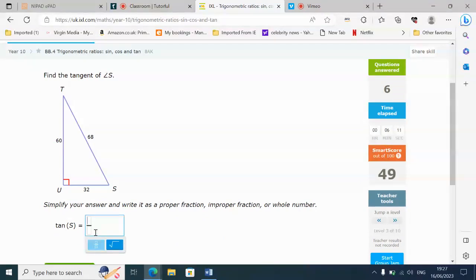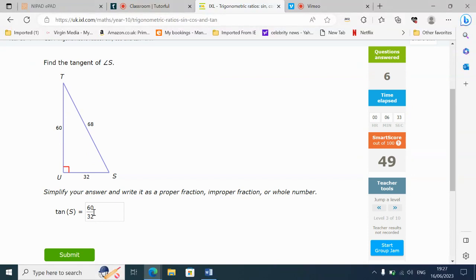So tan is opposite over adjacent. Opposite is 60 and adjacent is 32. Can we simplify this?